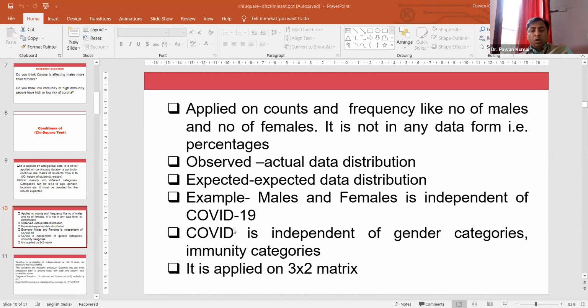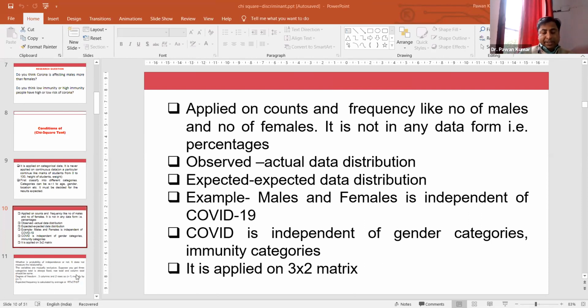So for example, I have given an example like COVID is independent of gender. There is a strong association between, or there is no significant association between the COVID type and the gender. So these are the types of questions, these are the types of objectives where we can go for the chi-square test.